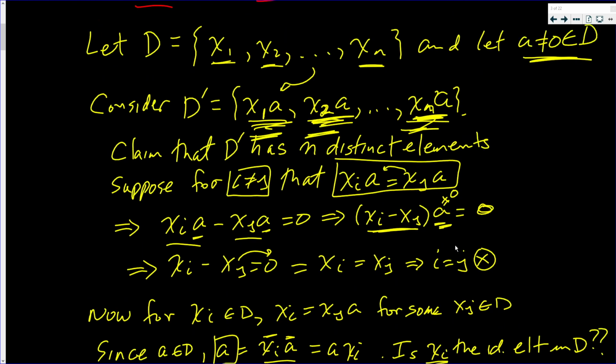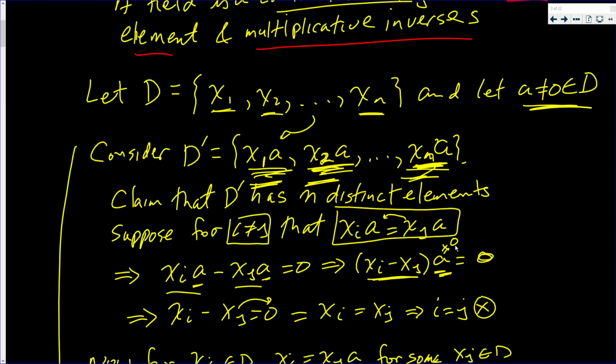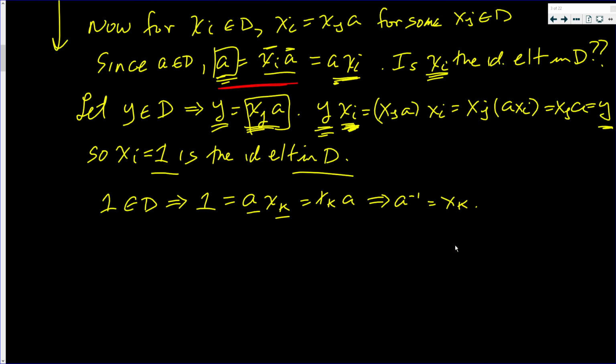Now, everything I did here, I can do for a different non-zero element in D, meaning that there exists an xk for every a in the ring D. But it depends on what a is.